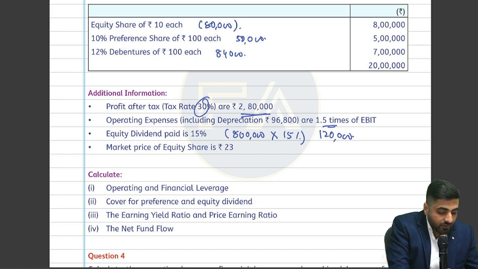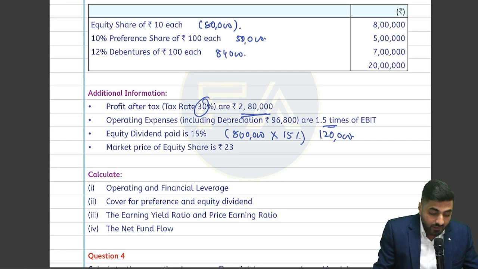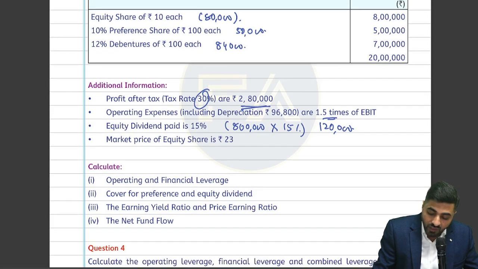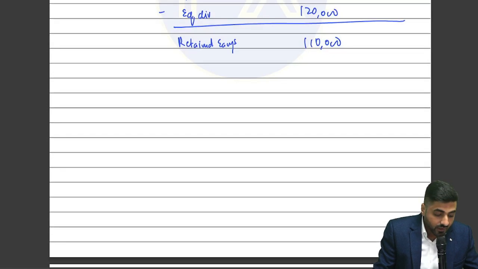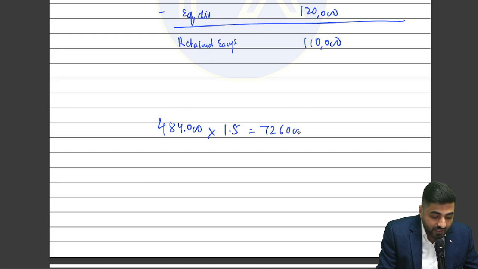Calculated. Yes or no? Yes, sir. What is the amount of EBIT which I have just now calculated? 4,84,000. Everyone please take 4,84,000 and multiply that by 1.5. What is 7,26,000?